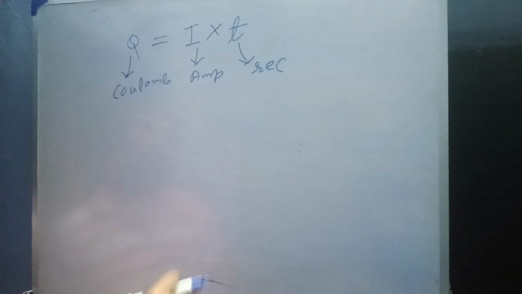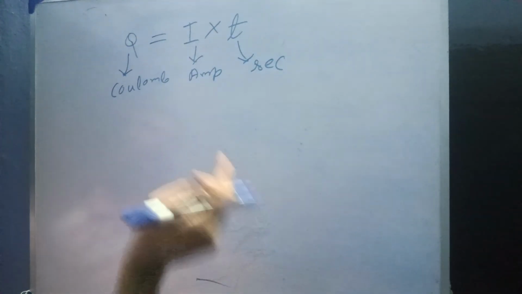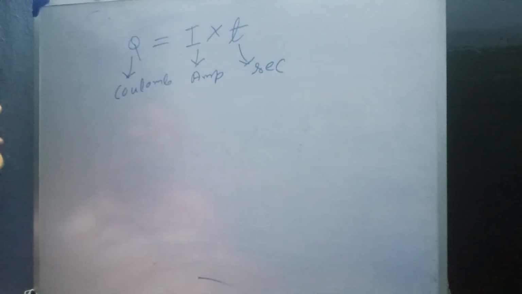T is the time required to pass I ampere of current through the solution to produce Q coulomb of charge.